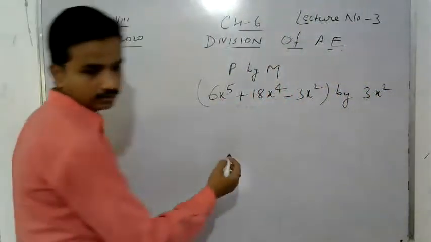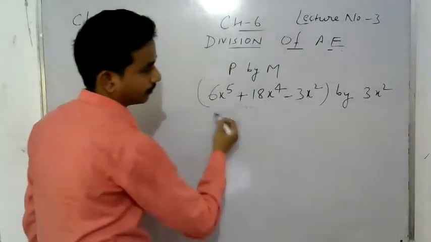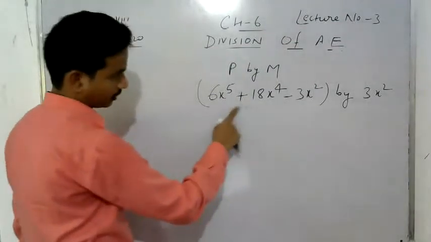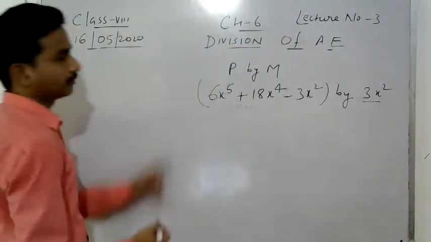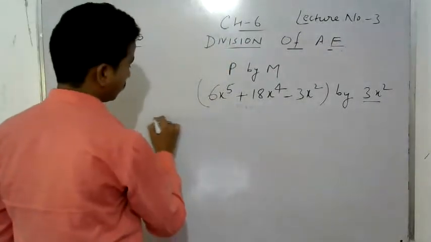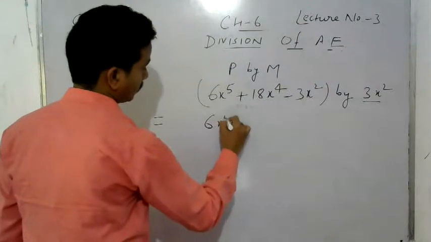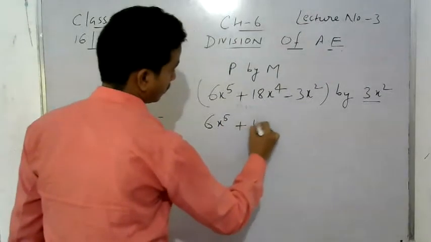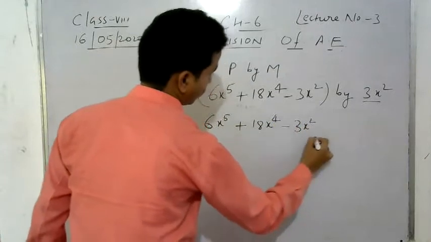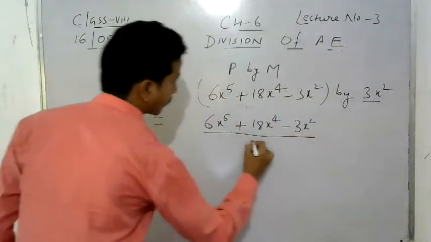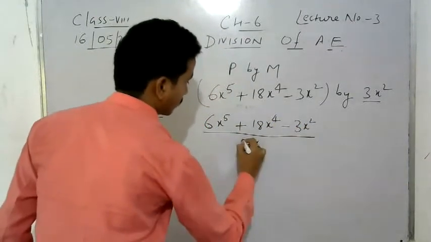This is a polynomial because it has more than one term, and this is a monomial. We have to divide it. So how will you divide it? 6x to the power 5 plus 18x to the power 4 minus 3x square divided by 3x square.